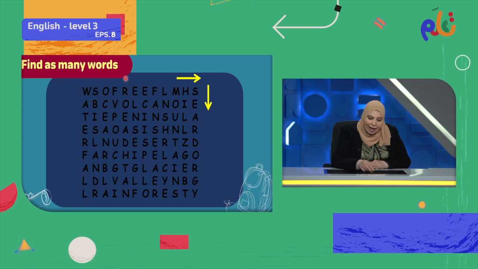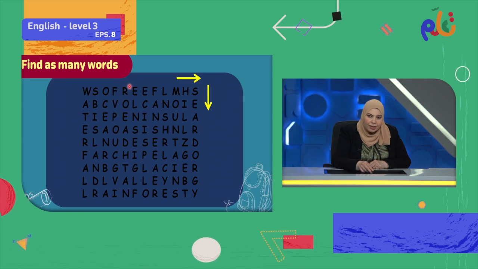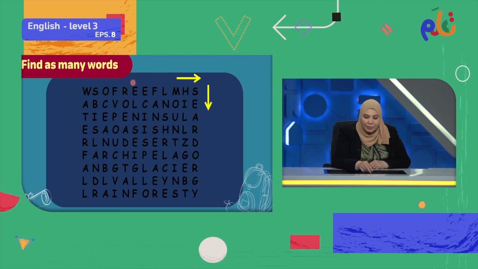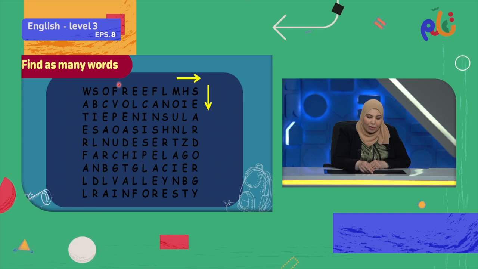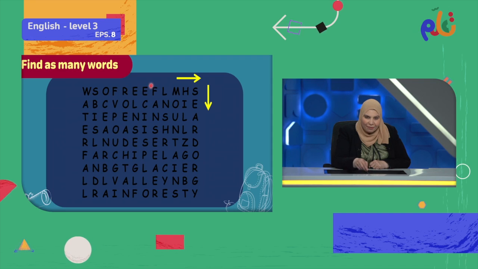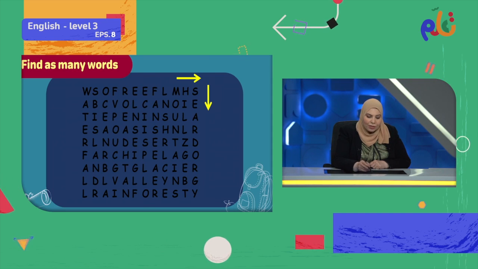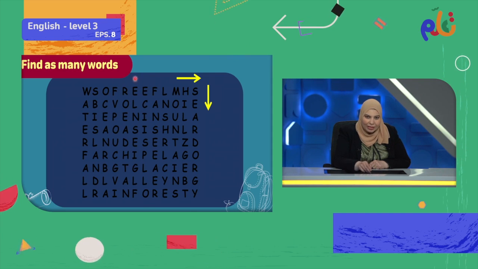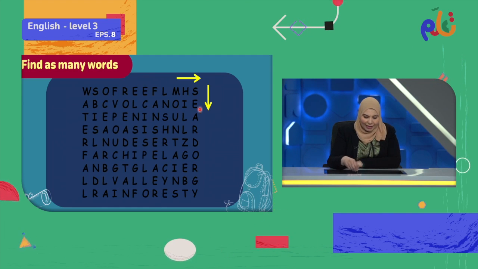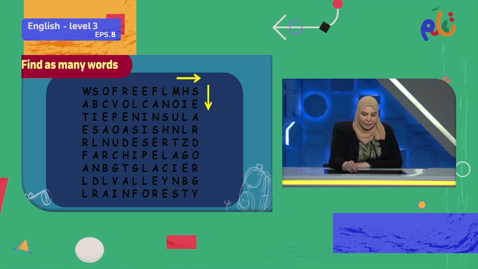Okay, I have letter R here. Do we have anything that we studied that starts with R? Yes, so we have R-E-E-F. Reef. So the first word that I found is reef. So let's look again and let's see what else can we find.